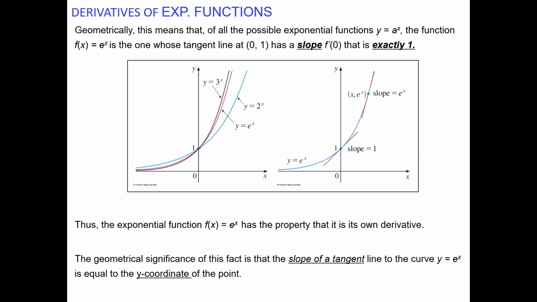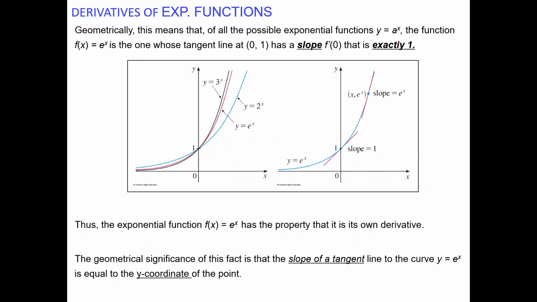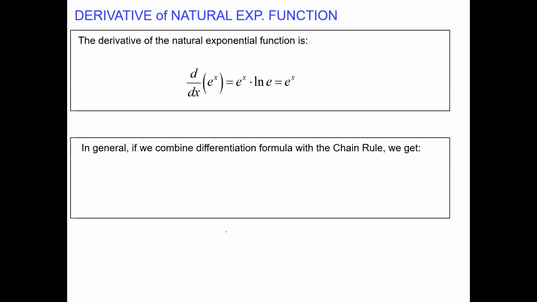Now let's try this. Since we know that this is 1, I would like to get the formula. Now we have to differentiate e to the x. We will follow the same formula as for the general exponential function. The derivative of the natural exponential function e to the x will be the function itself, e to the x, times ln of the base, ln of e, and we know that the natural log of e is 1.